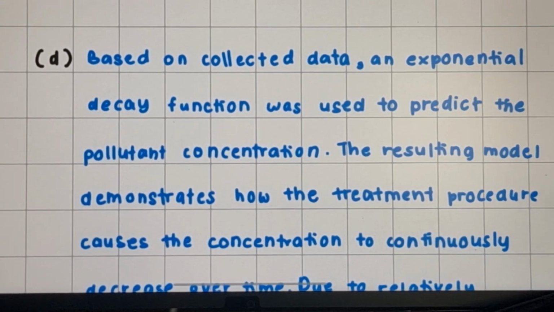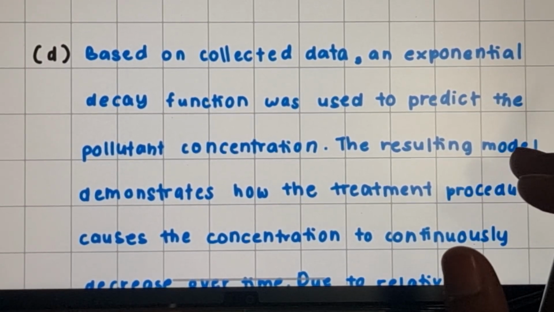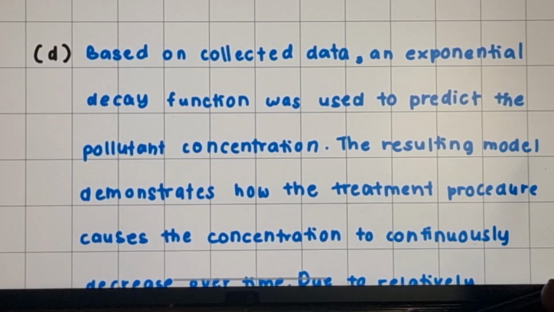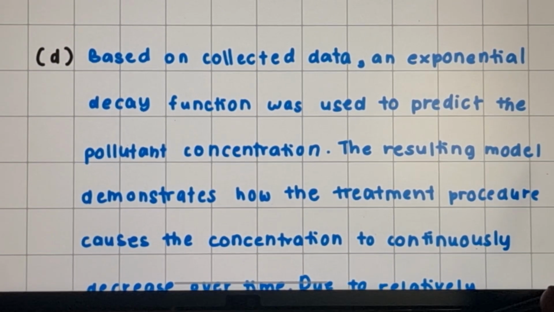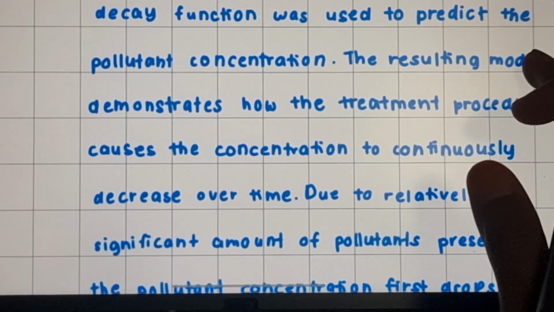Finally, for task D, the exponential decay model demonstrates that the treatment process effectively reduces the pollutant concentration over time. Initially, the concentration decreased quickly, but the rate of reduction slowed down as the concentration became lower.